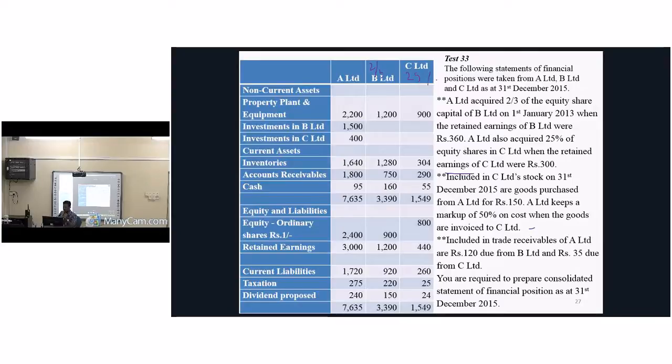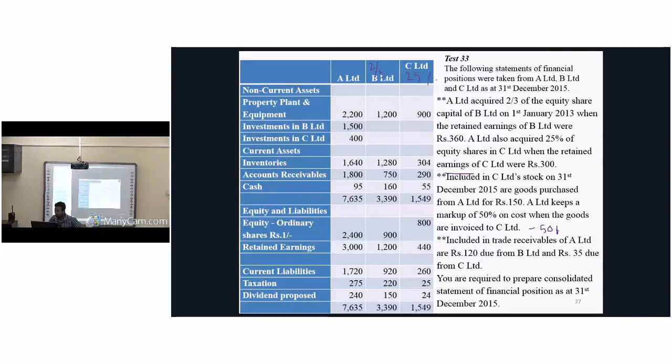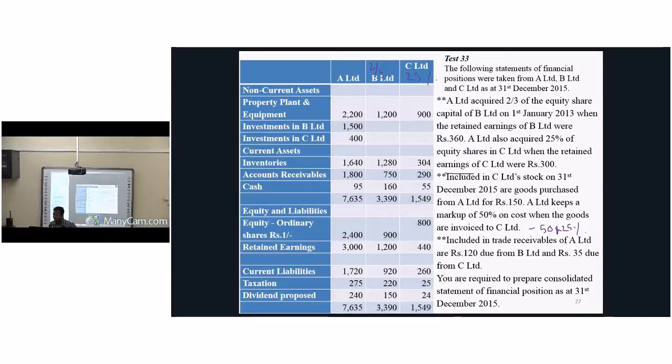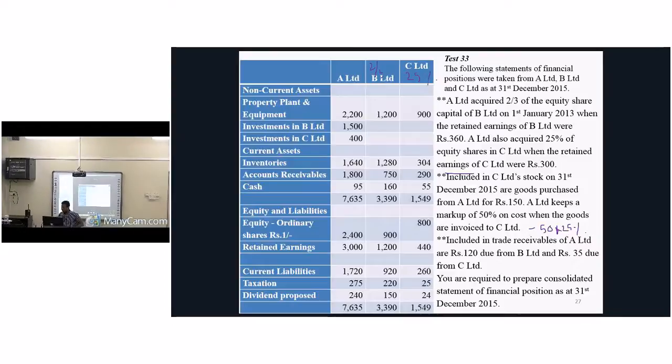It's a new point, new learning. Then from 50, we have to take only how much? 25%. Then how much is it? 25% means 12.5 should be the unrealized profit in this case.